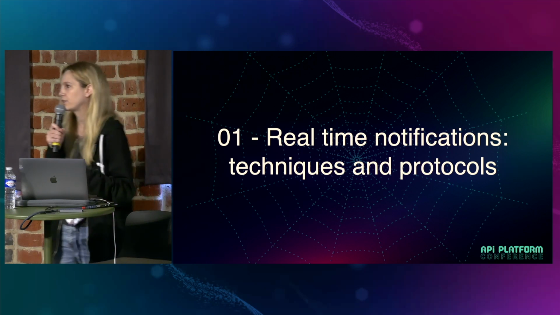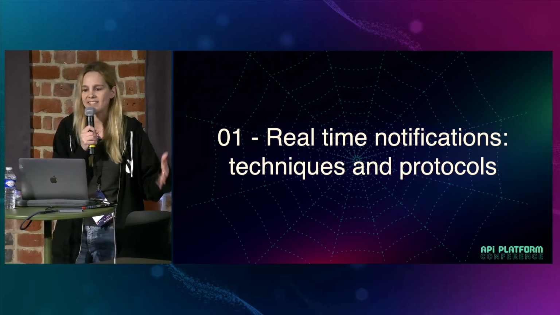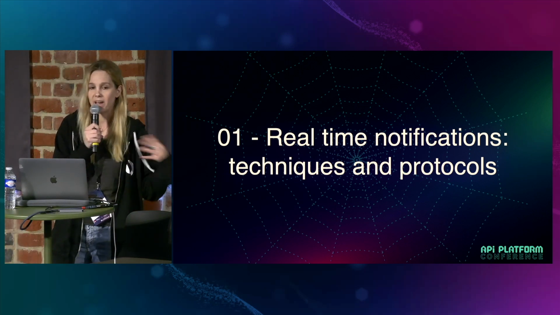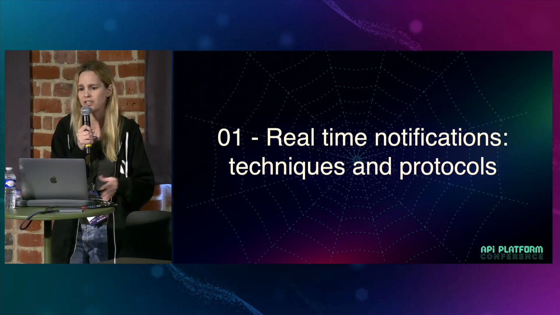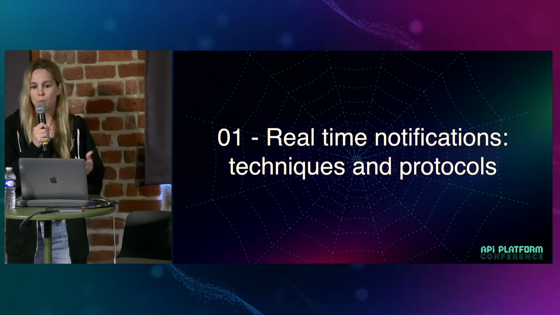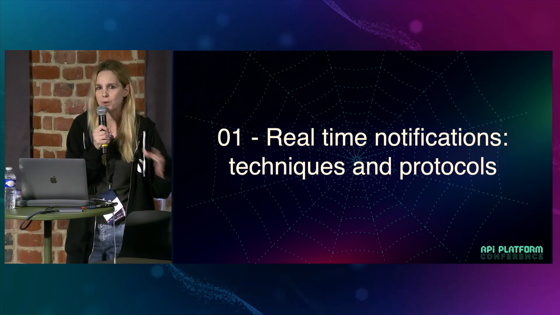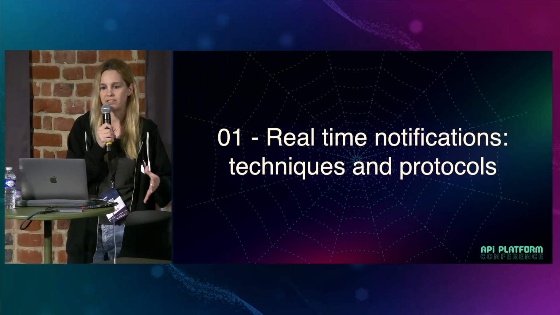Or even notifying a user when a big asynchronous task finishes, like some heavy processing or calculation, and you want to know the moment it's done, especially if it's something important. So it's all about keeping everyone in the loop right when it matters.